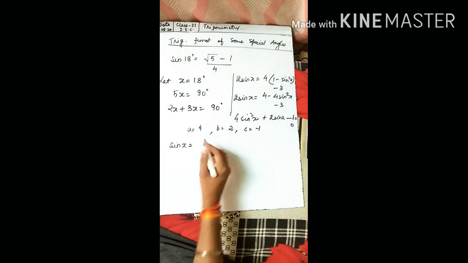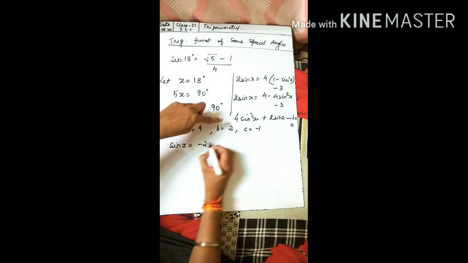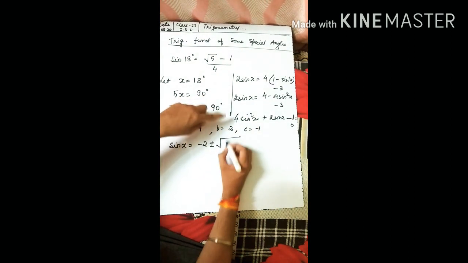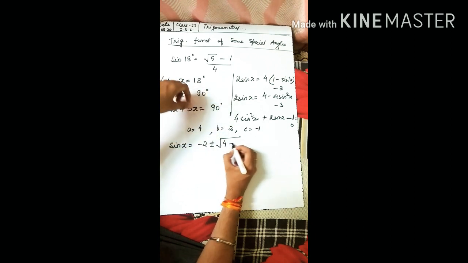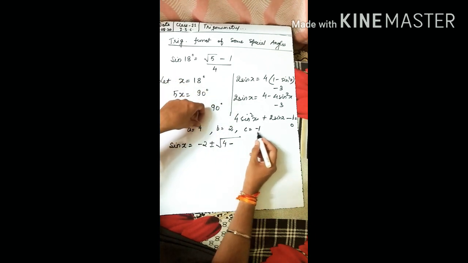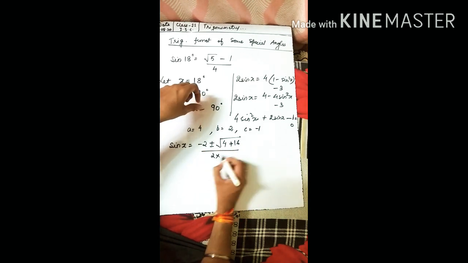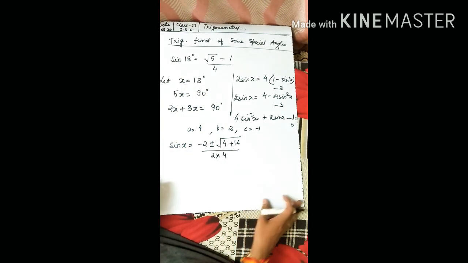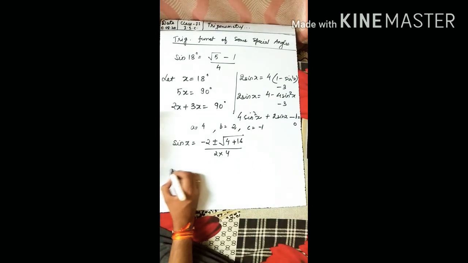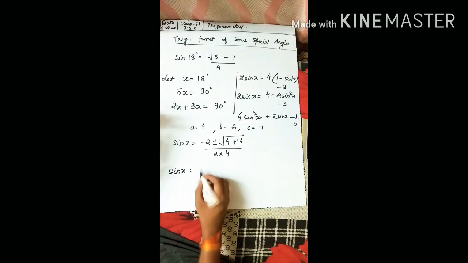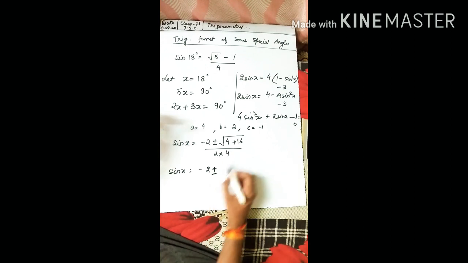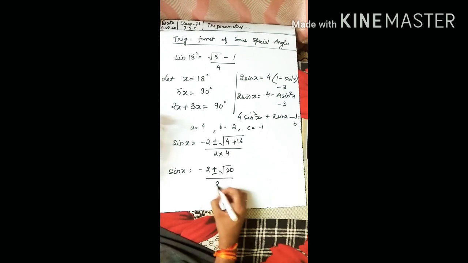So sin x is equal to minus b plus minus under root 2 square is 4, minus 4 into 4 into minus 1, so plus 16, upon 2 into 4. So sin x is equal to minus 2 plus minus under root 20 upon 8.